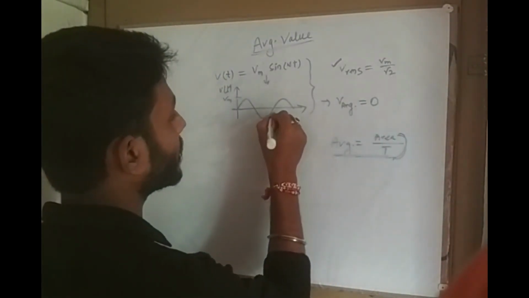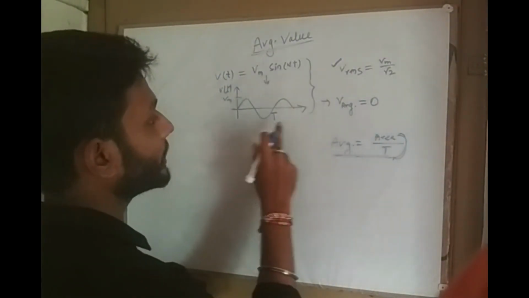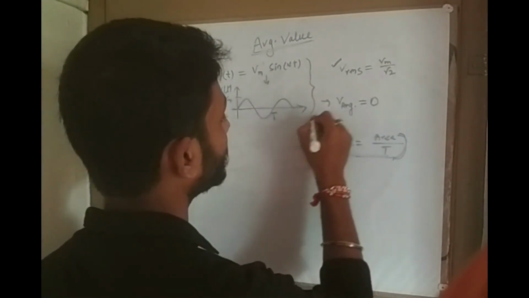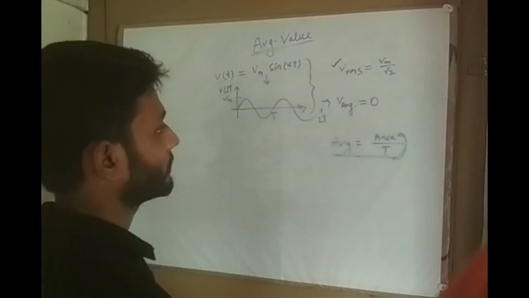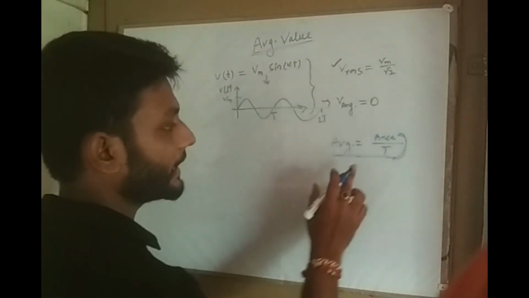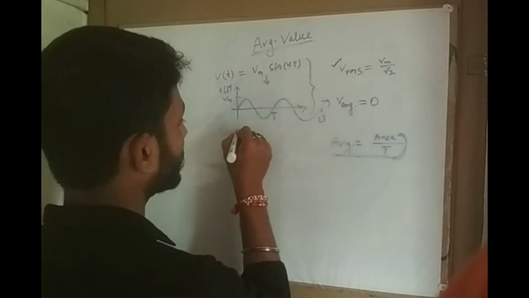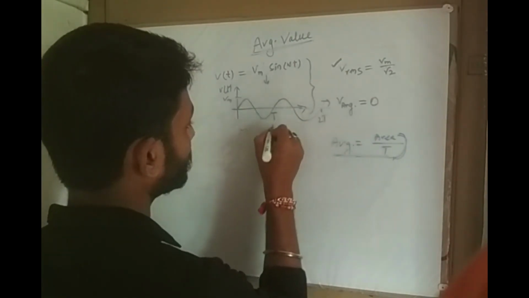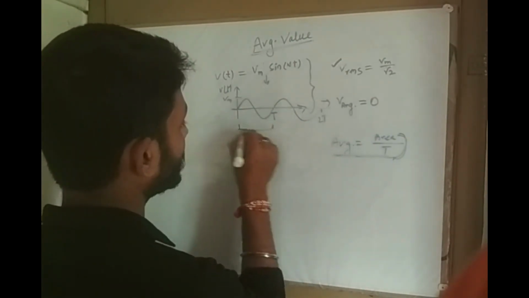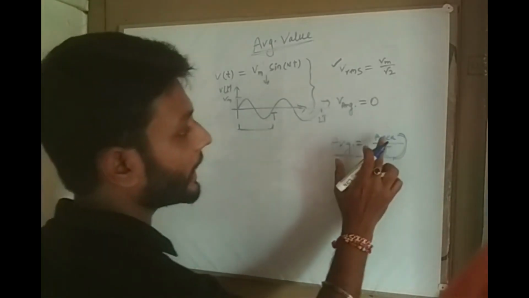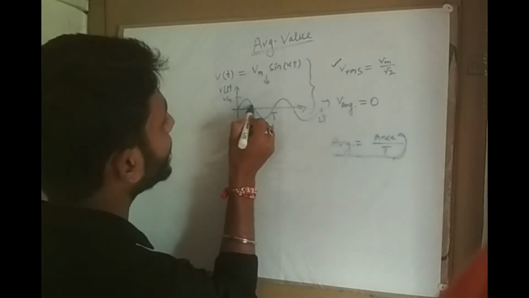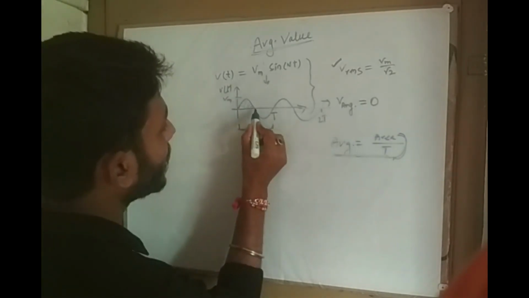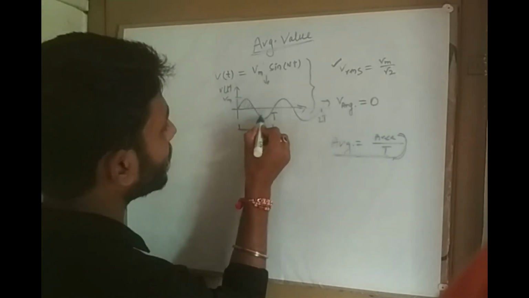Here this one is 1 t, and if we extend this one, then here it will be 2t. See here, for one time period, that is for this part, this one is the area for upper portion and this one is the area of the lower part.